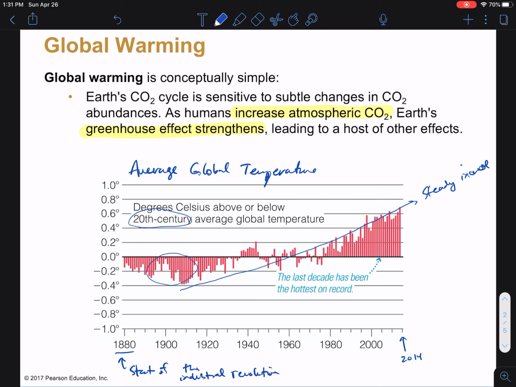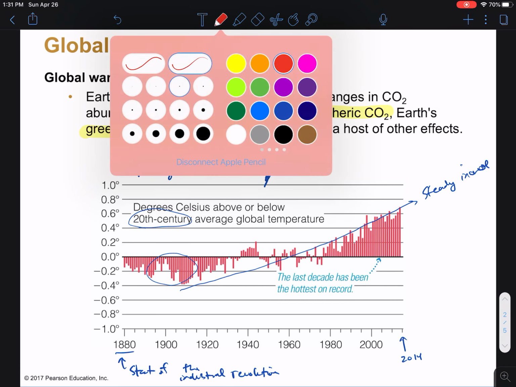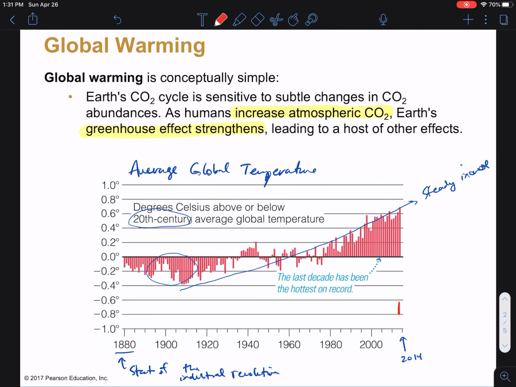Now, to be completely fair, our reliable data only goes back about 50 years. So back until about the 1960s, 1970s, that's the only real reliable data that we have. Looking at weather stations around the planet, looking at seawater temperature from ocean liners and seagoing vessels taking water in, things like that.